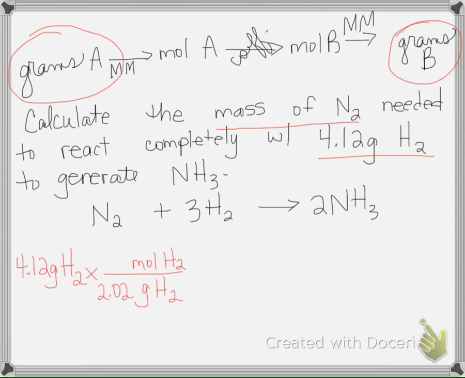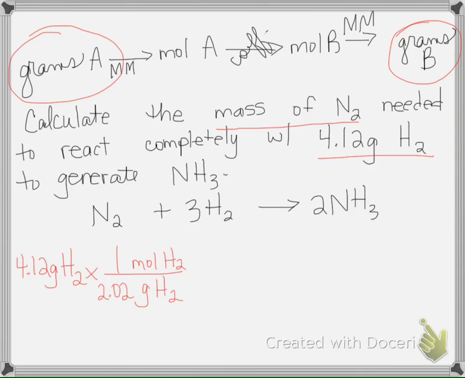What number goes on the top? Kind of a trick question. Do you guys see that it's 1 mole of hydrogen? Do not use your coefficients on this step. The only step you will use your coefficients on is right here, mole to mole. Because think about it, a mole of hydrogen is 2.02 grams, right?